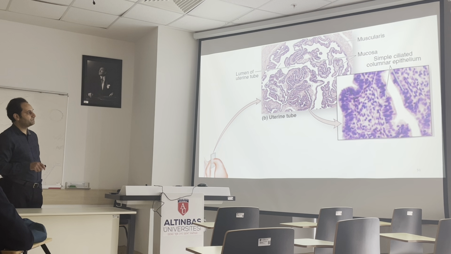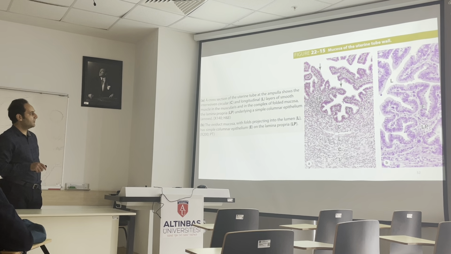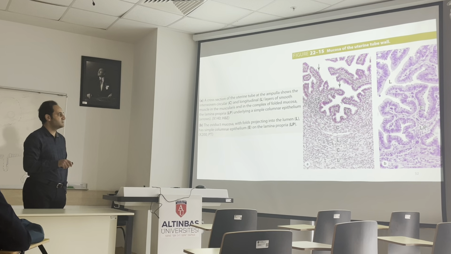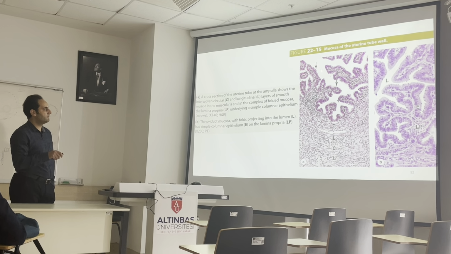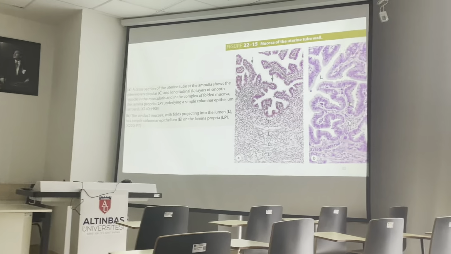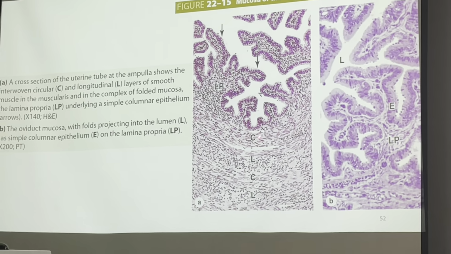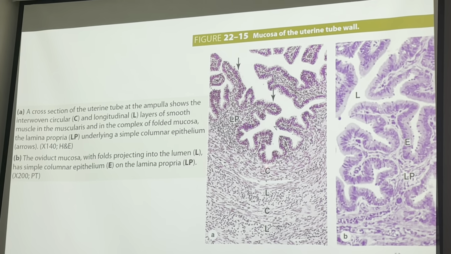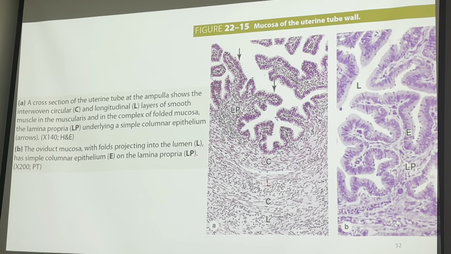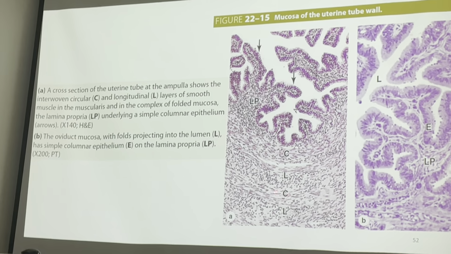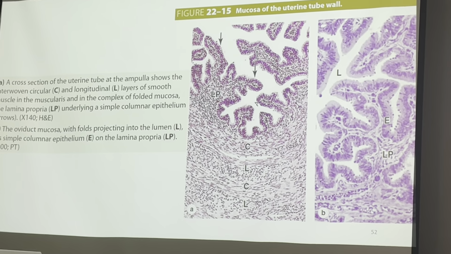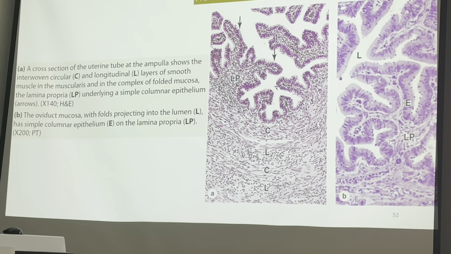And in the epithelium, again here you can see this folding. This part is our mucosa, here is our luminal side, and here you can see the muscle fibers, the circular fiber layer and the longitudinal fiber layer. Again you can see the circular fiber layer and longitudinal muscle fiber layers.